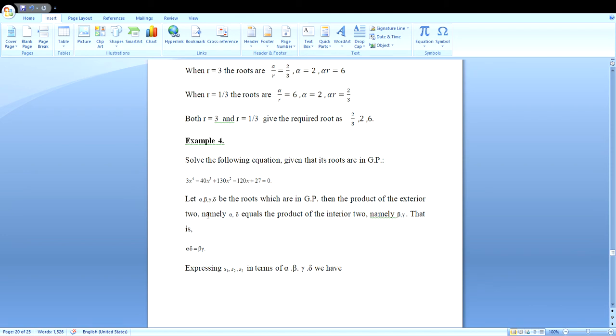Since we have a fourth degree equation, we have 4 roots, that is, let the roots be alpha, beta, gamma, delta. Then the product of the exterior two, namely alpha and delta, will be equal to the product of the interior two, namely beta, gamma.